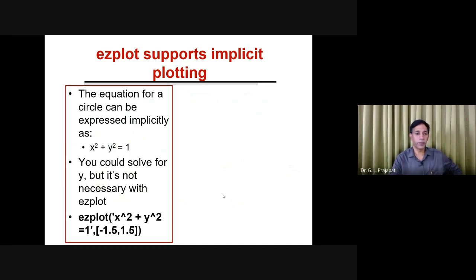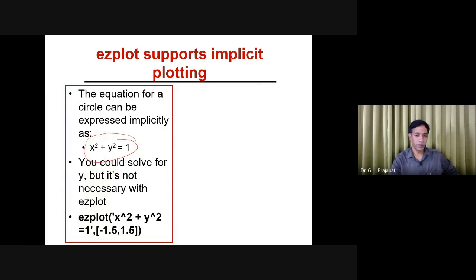The equation of a circle can be expressed implicitly as x square plus y square equals 1. This is the equation for the unit circle. If you want to construct the graph, you would have to determine the x and y values.